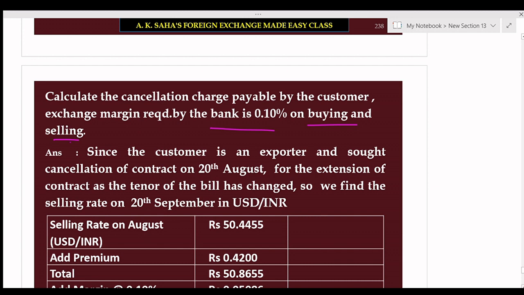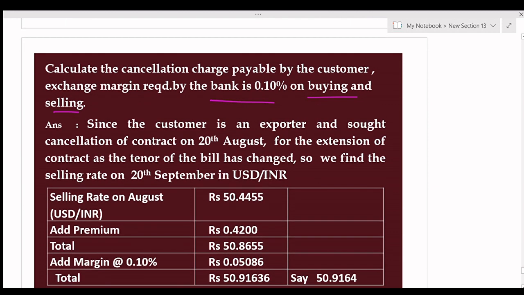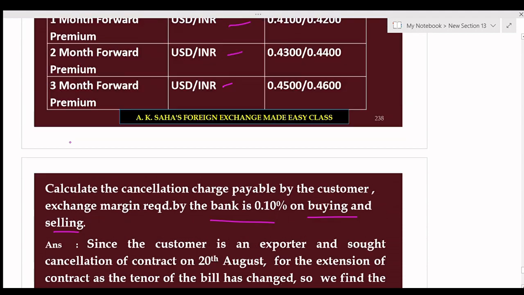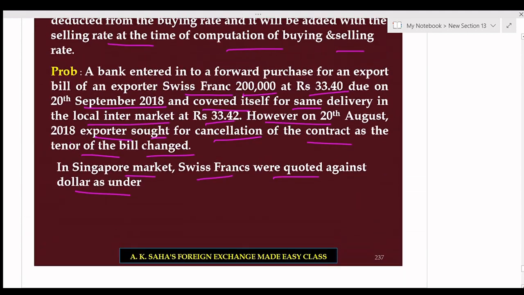Since the exporter cancelled, the bank will take the selling rate on the maturity date, and then compare the selling rate with the contract rate, which the bank has already made at 33.40, a forward purchase from the interbank.